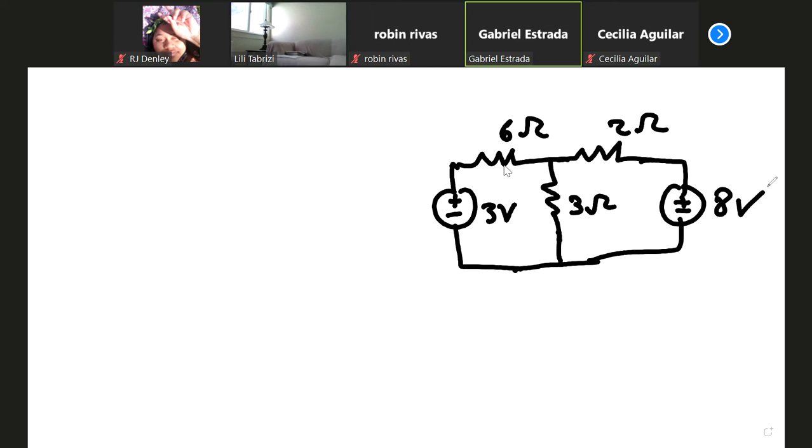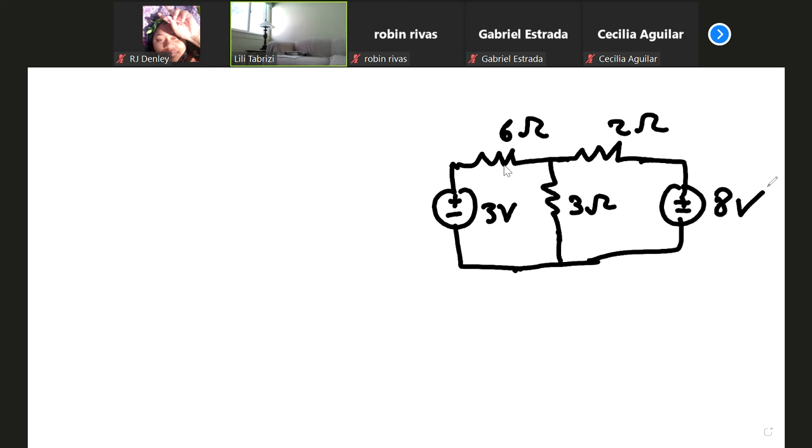No, you can't combine that. So you cannot simplify anything here. Since you cannot simplify anything, can I use voltage division or current division here? No, because I cannot reduce it. Remember, for voltage division and current division, I couldn't give you an easier circuit than the ones I gave you in the examples. It's just a single loop or single node. In this case, we cannot do anything. Okay.